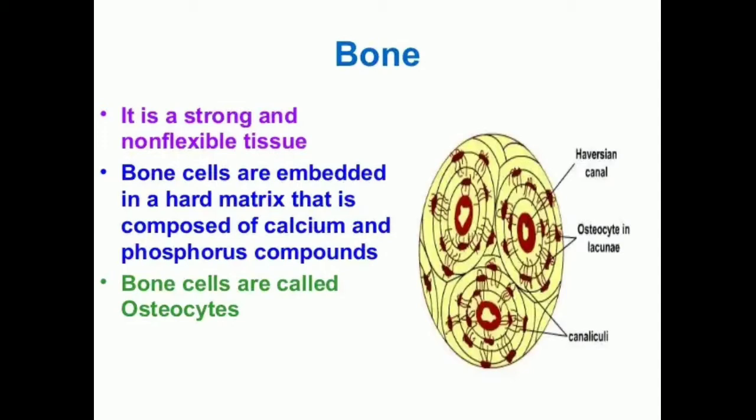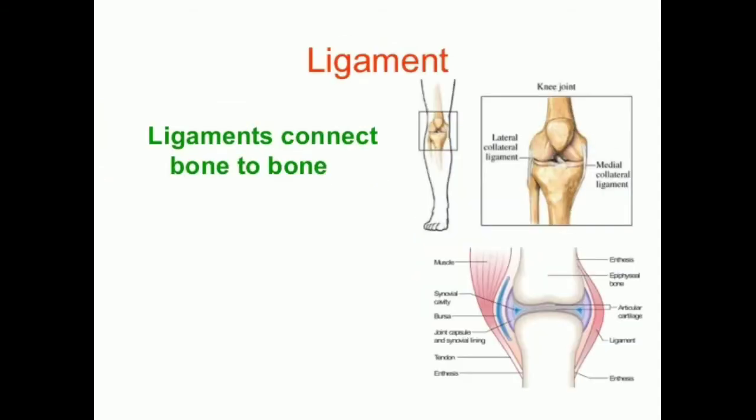We can't fold our bones, right? So they are non-flexible tissue. Unlike the blood connective tissue, bone cells are embedded in a hard matrix, and that will be composed of calcium and phosphorus compounds.